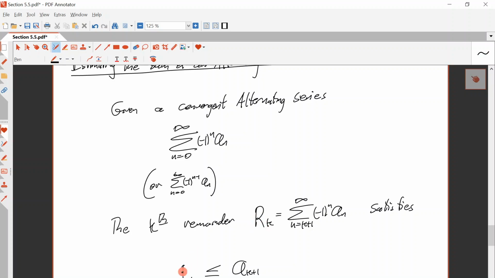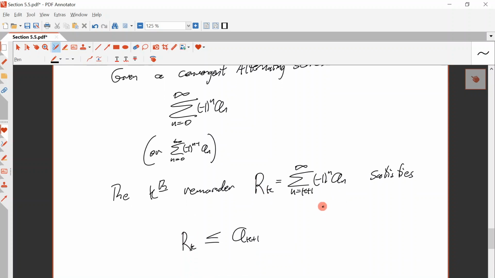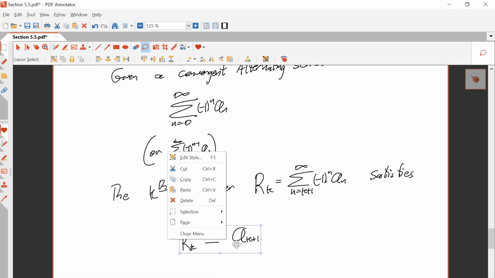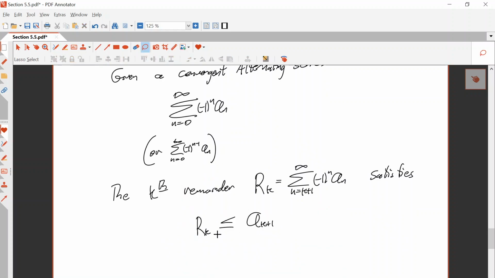S is for partial sum, R is for remainder. So there's a difference of 1 in the indices. This is the k plus first term. This is the kth remainder.